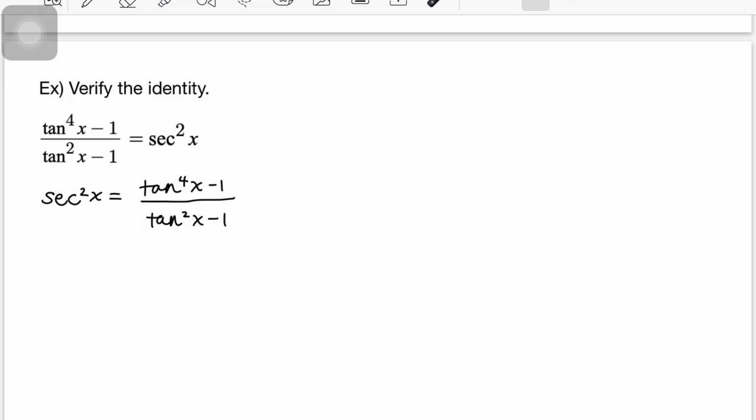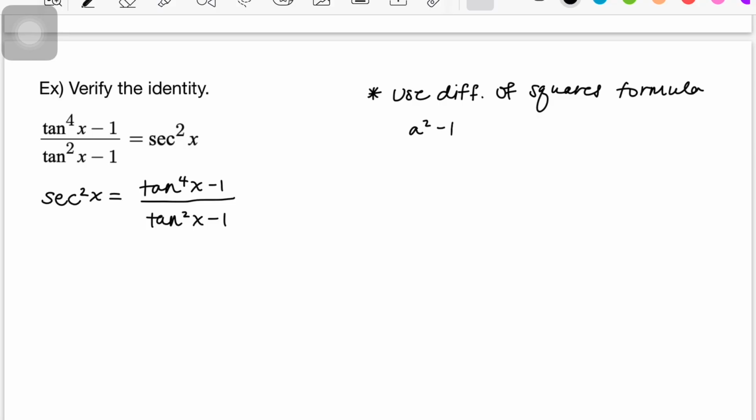Well, the first thing that I'm going to try to do is maybe factor the numerator, and we can do that using a difference of squares. So if you remember from your previous math classes, the difference of squares formula looks like this here.